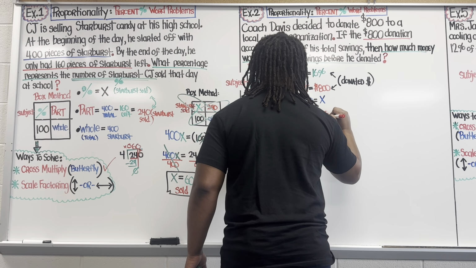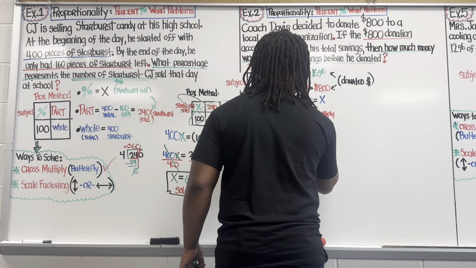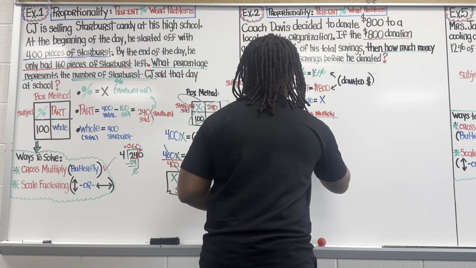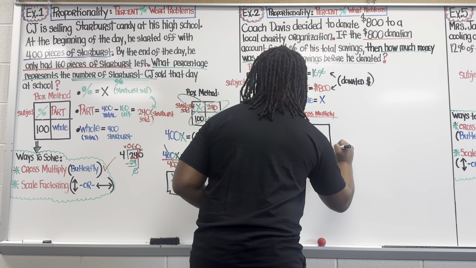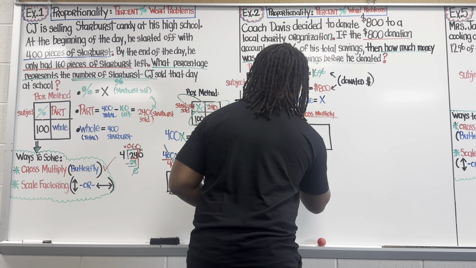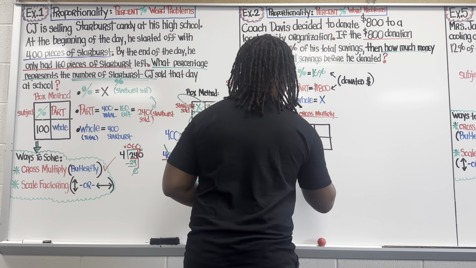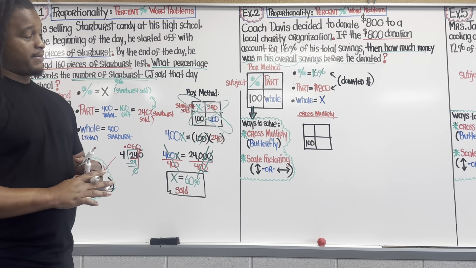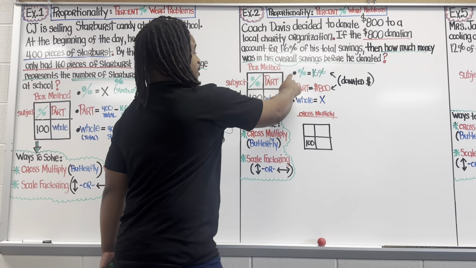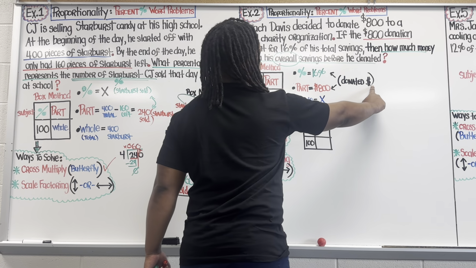Cross multiply. So once again, draw that box and divide it into 4 boxes. And we know 100 will always go in the bottom left box, right? The part and the percent represents how much money that he donated.